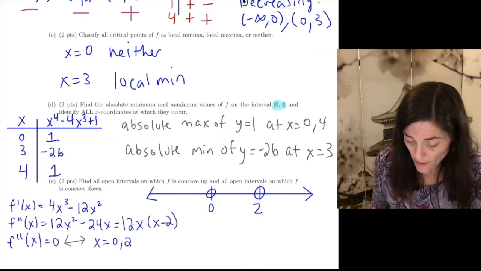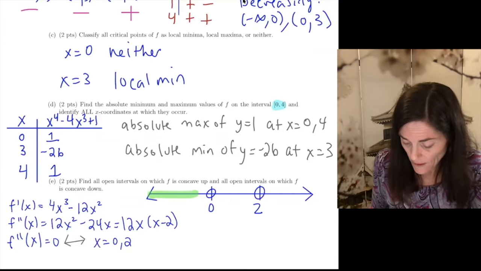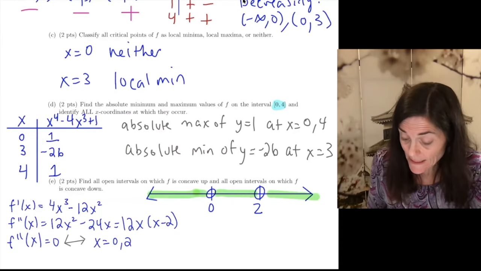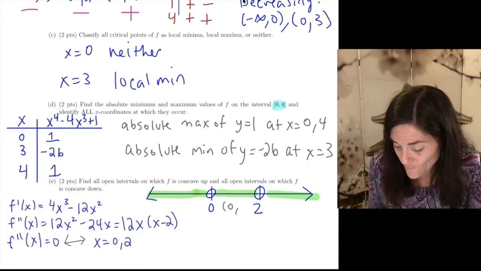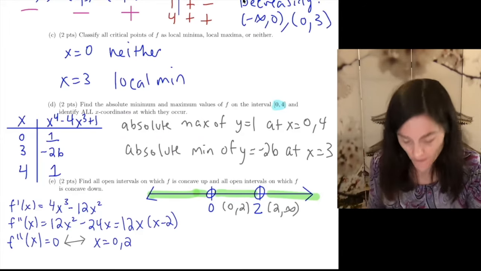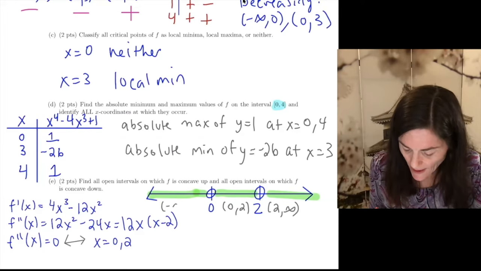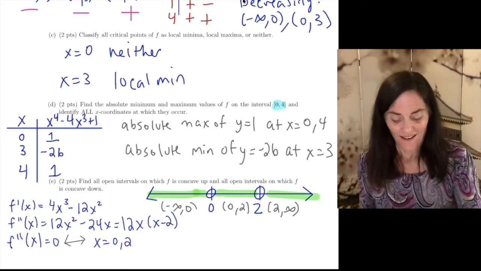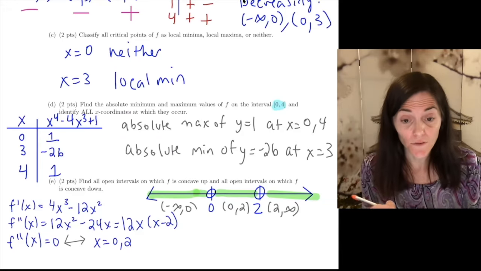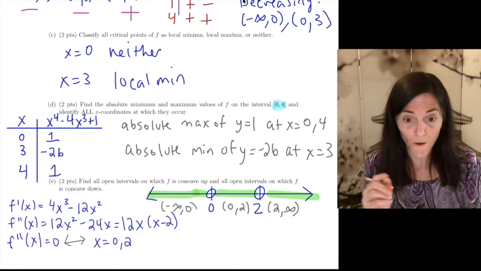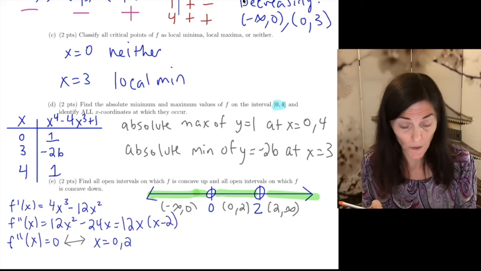Okay, well now I subdivide like this. I have these three open intervals, here, here, and here, and I want to test. This time, these are intervals, I'm looking at concavity, and so that means I test the second derivative. This is what tells me about concavity. Well, I see the second derivative here. It's 12x times x minus 2.